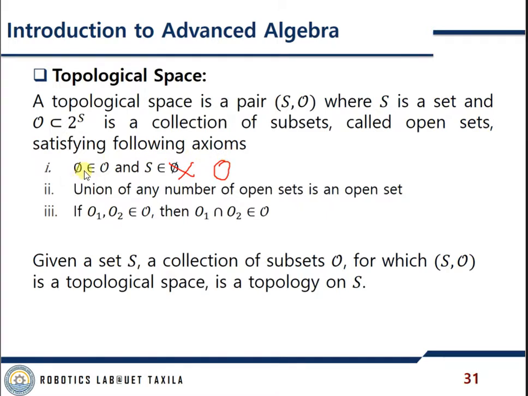Number one, the empty set belongs to O, and S itself belongs to O. A union of any number of open sets is still an open set, and for any sets O1 and O2 that are members of O, their intersection is also a member of O. So given a set S, a collection of subsets O for which this is a topological space is called a topology on S.